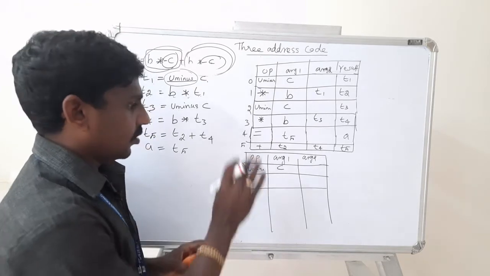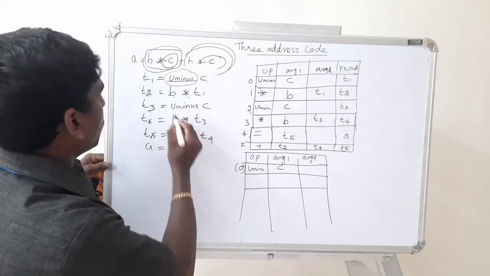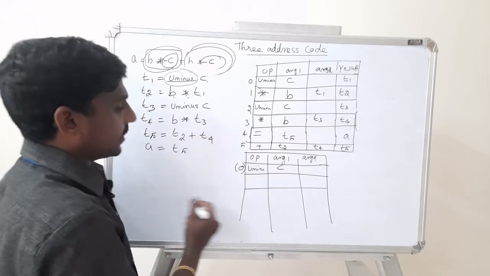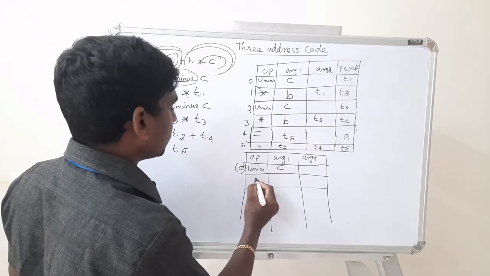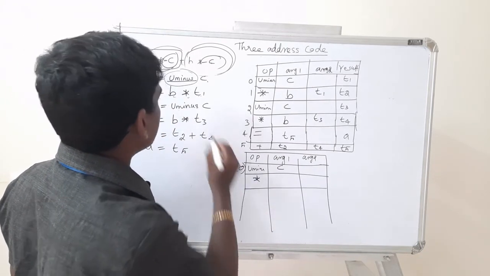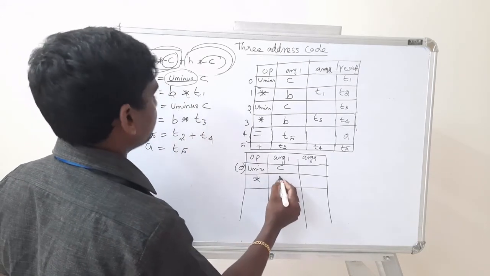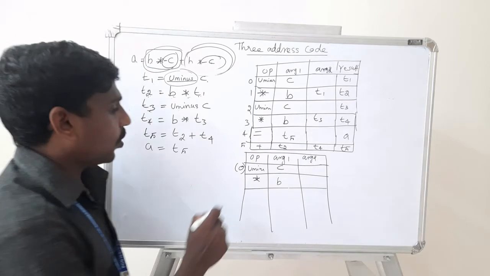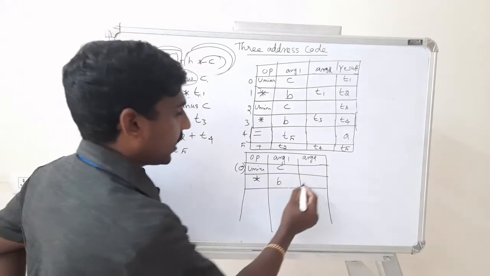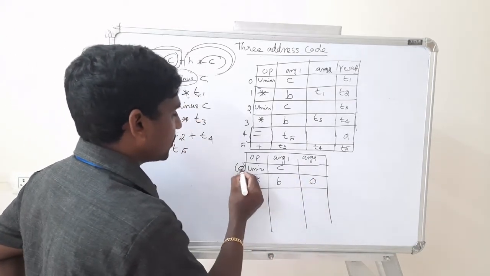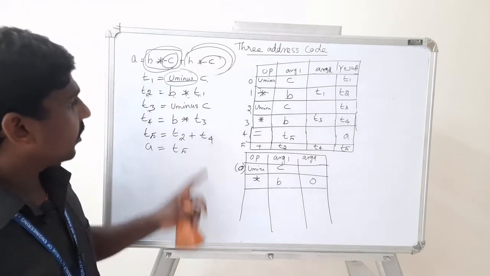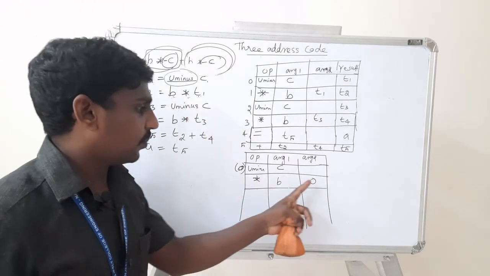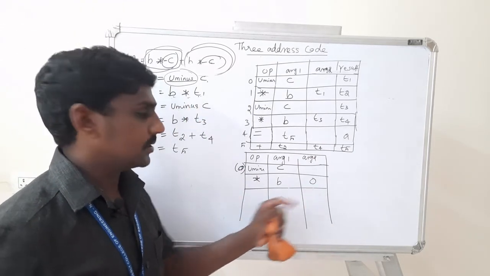Clear? And second one, T2 equal to B star T1. Operator is star, argument 1 is B, argument 2 is T1. Instead of T1, what do we write? 0, because it is pointed at 0. We are not going to write T1, but the memory location, that is 0.